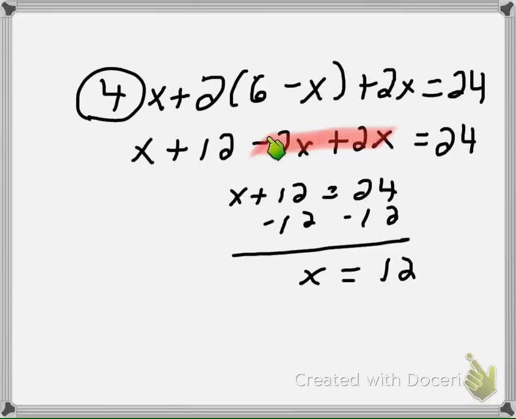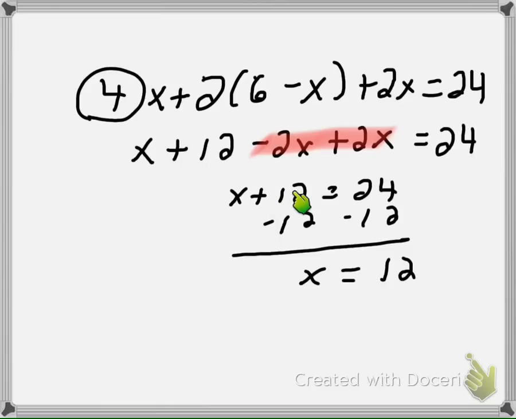And what's interesting about these like terms is they add to 0. They're a 0 pair. We've talked about that. So if I get rid of these, because they're a 0 pair, and when you add them you get 0, all that's left on this side, the left side of the equal sign, is x plus 12. And I bring down my equal 24.